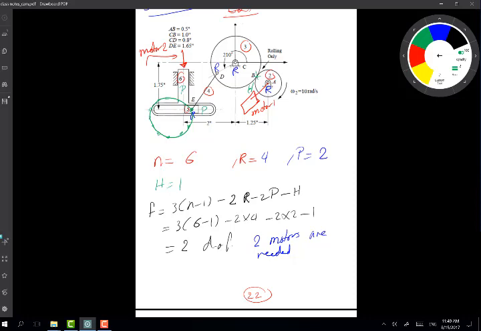So that's a possibility. And you can think about it also from the point of view that if you decide to ground link number 6, make this ground and calculate again, you'll end up with degrees of freedom being 1. All right, so the linkage will still function. Grounding link number 6 is equivalent to just locking up motor number 2, so it doesn't move, and you can lock the motor at different positions.